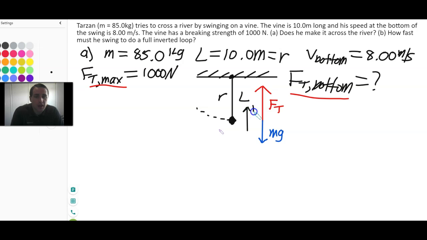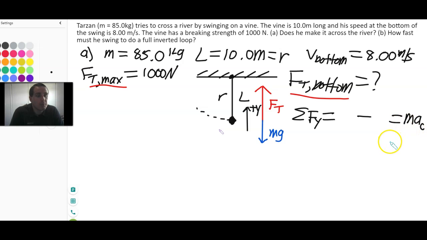Okay, and we can write down Newton's second law in the y direction. The sum of the forces in the y direction should equal the tension force minus the weight, and that should equal not just any force, or not just any acceleration, but mass times centripetal acceleration.